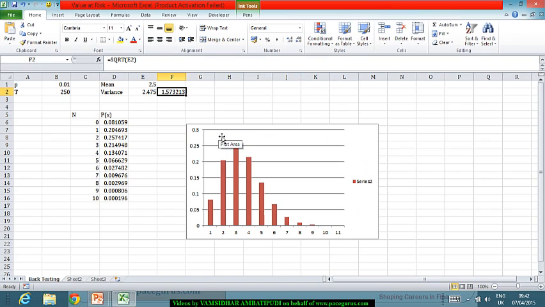Now, let's say I want to reject for values which are greater than 4. Let's assume that this model is correct. Now, if this model is correct, what is the probability of rejecting the model?